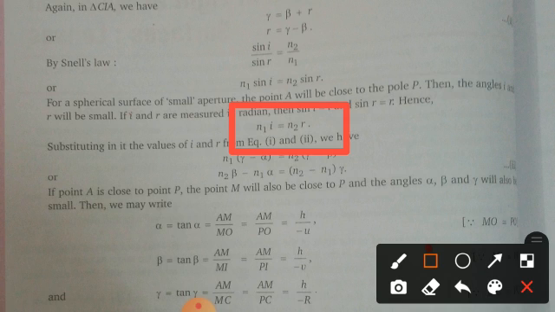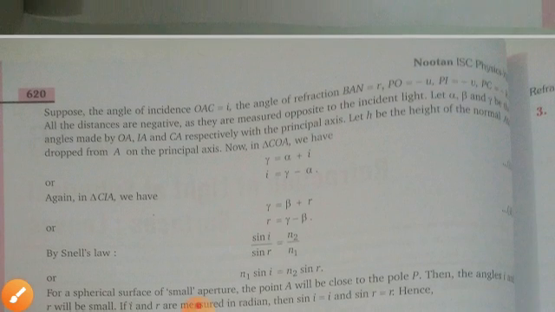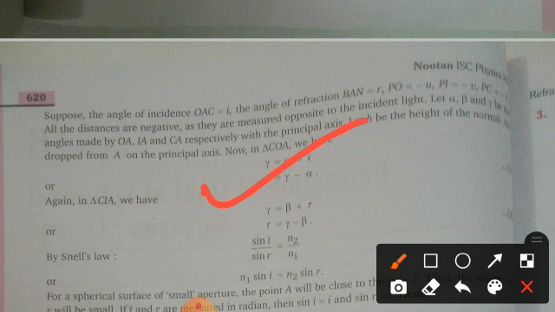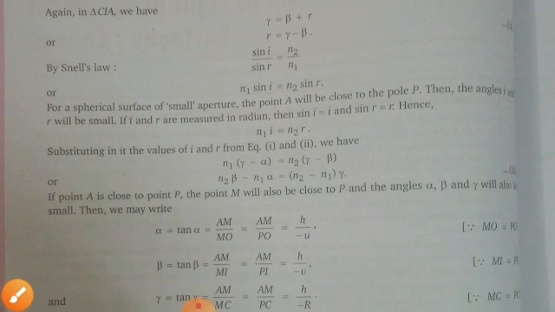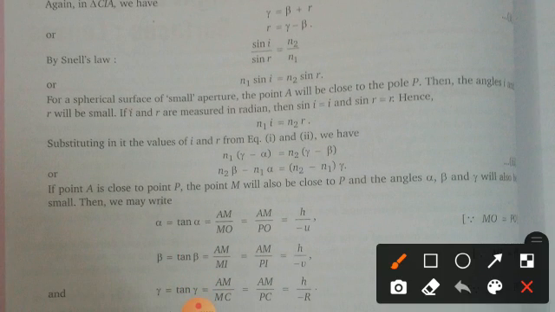Clear? Now substituting the values of I and R from equation 1 and equation 2, you can see here this is equation number 1, this is I, and this is equation number 2, which is R. So we put the values of I and R in this equation. What we get: N1 gamma minus alpha and N2 gamma minus beta.